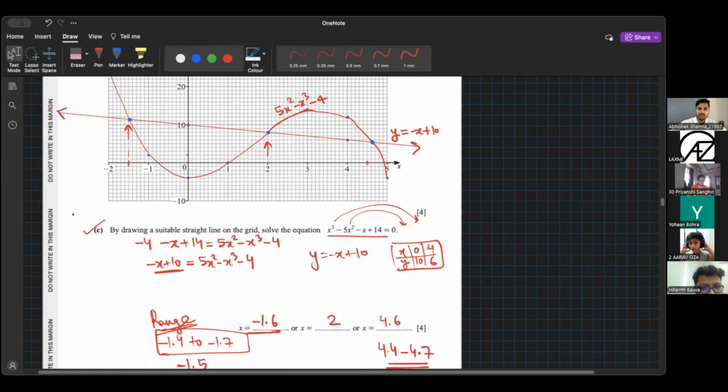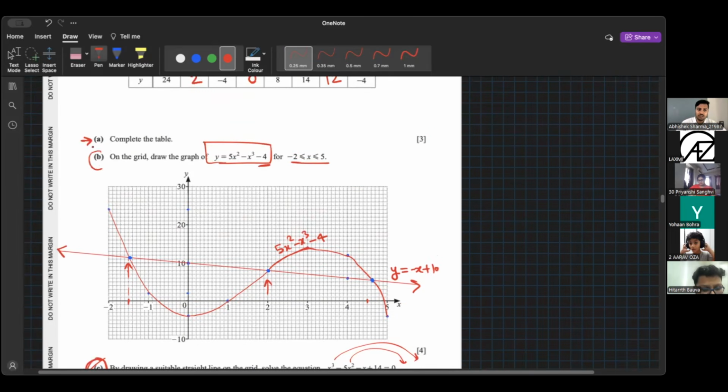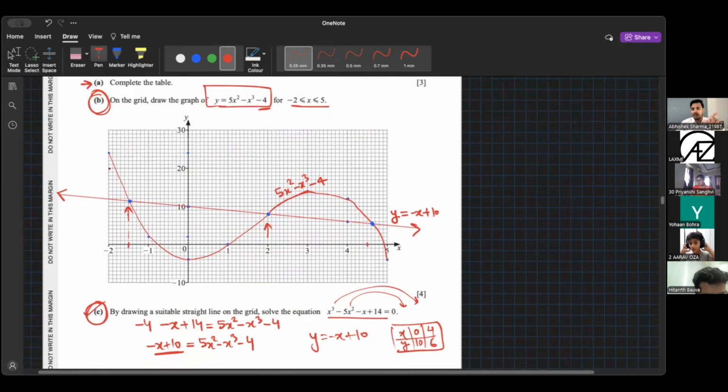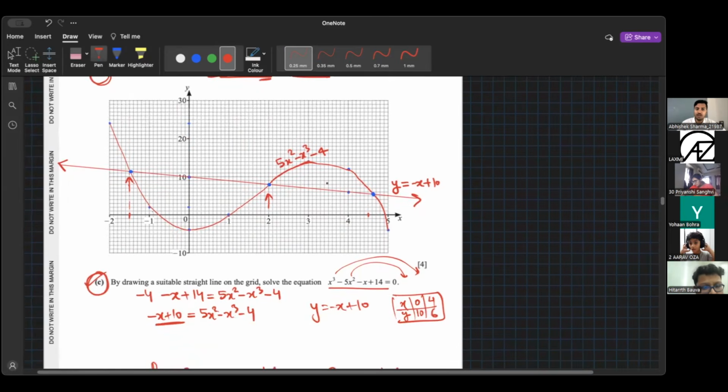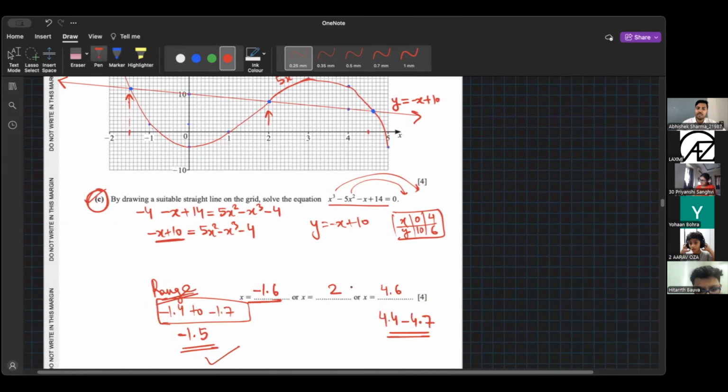They will check the range definitely, but they will check the correct point also. What if your answer is correct but it is not properly marked on the graph? So both are going to be checked, because the first part itself says draw the graph. So the graph should be perfect. Each and every point that we have marked should be precise, and then definitely your answers will also be checked.